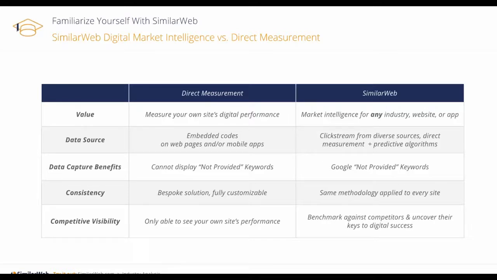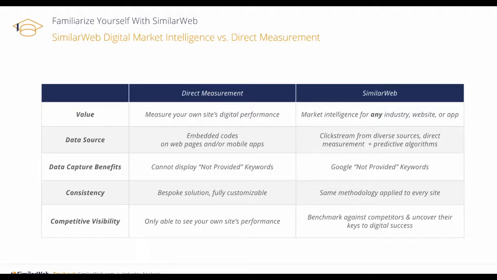For websites, we use clickstream data, and for mobile apps, we are basically sitting on someone's device, and this is how we can see their digital activity. So we have our panel and our predictive algorithms. For direct measurement, in most cases it will be through embedded codes and cookies and so on. Just by understanding the different data collection methodologies, you can see why there might be some discrepancy between the two.